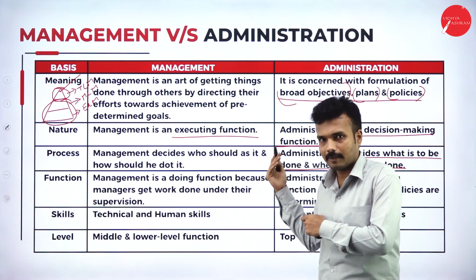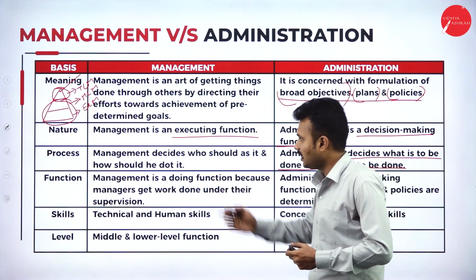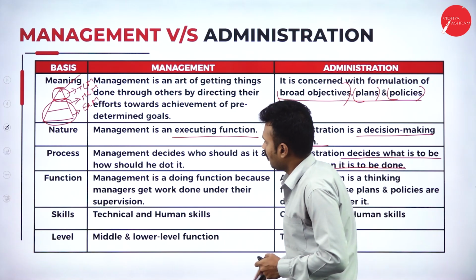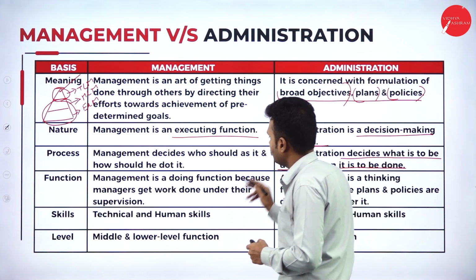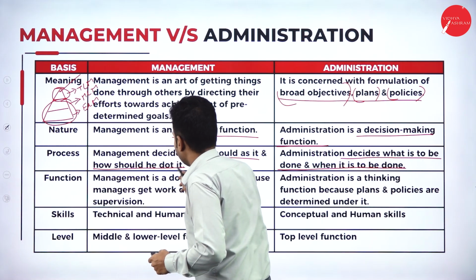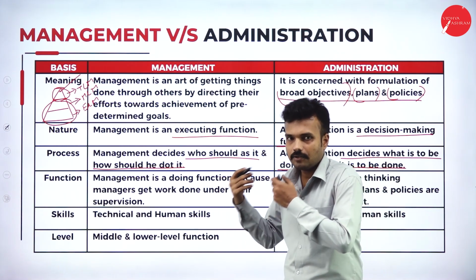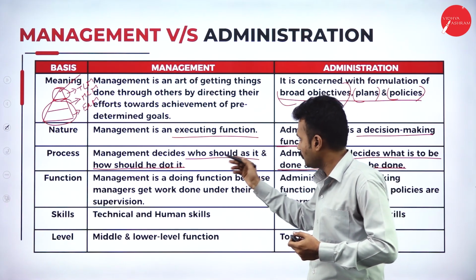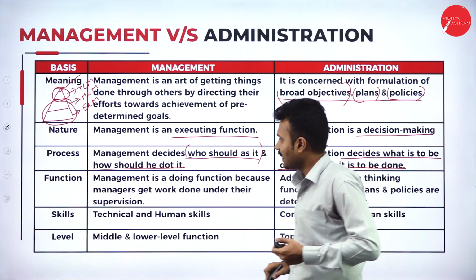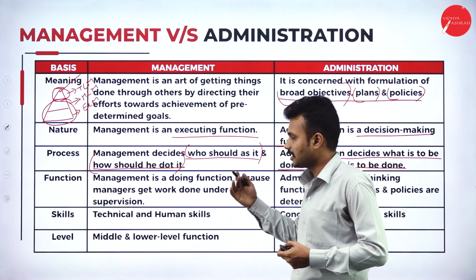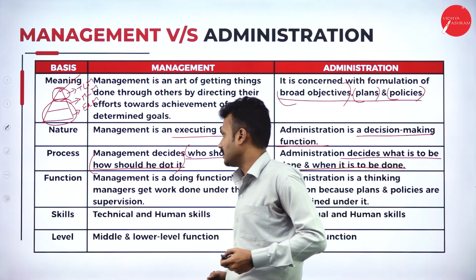When it comes to management, what is the process of management? Management decides who should do it and how it should be done. So it is going to give guidance to the individuals of the organization who are supposed to complete the task and how they are going to complete the task. That must be instructed by the management.